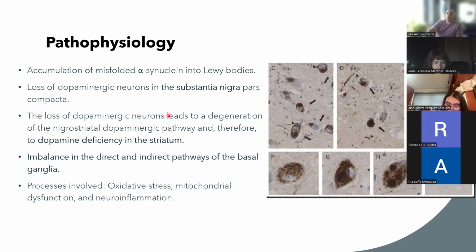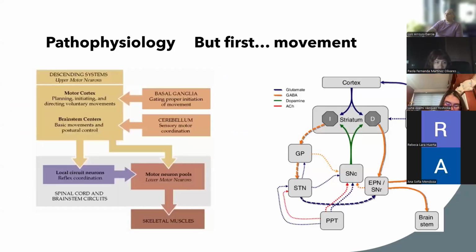The loss of dopaminergic neurons leads to the degeneration of the nigrostriatal dopaminergic pathway, and therefore dopamine deficiency in the striatum. So if these neurons die, then we don't have activation of this part.